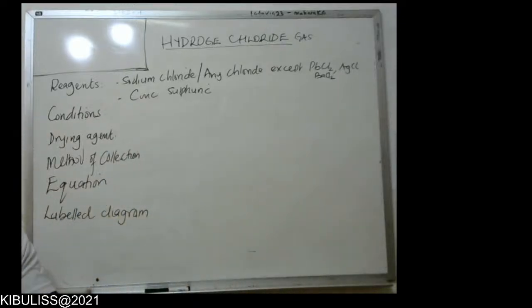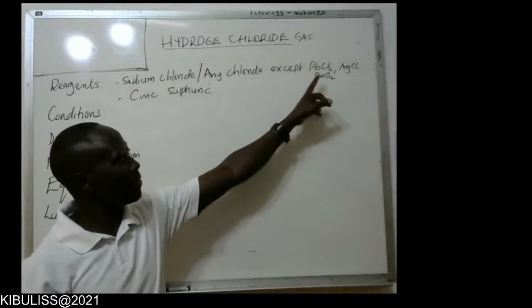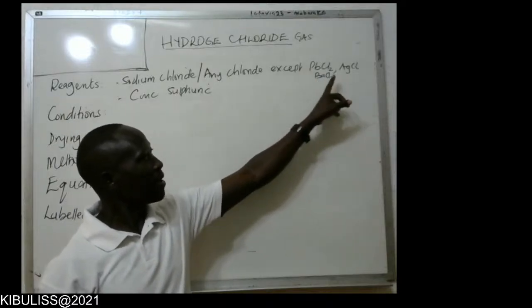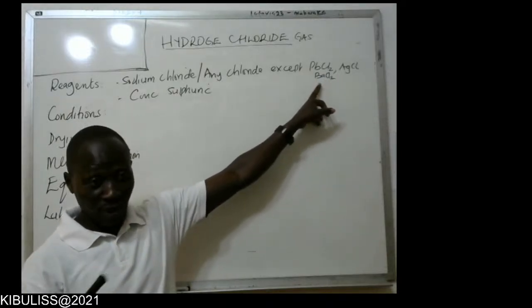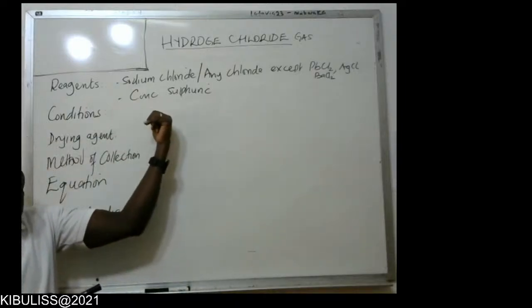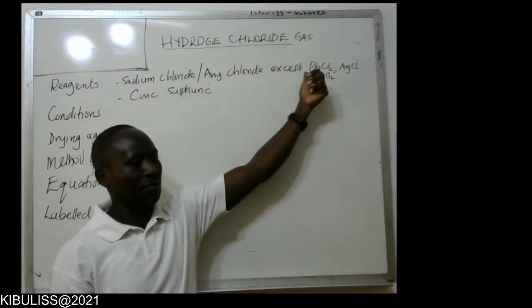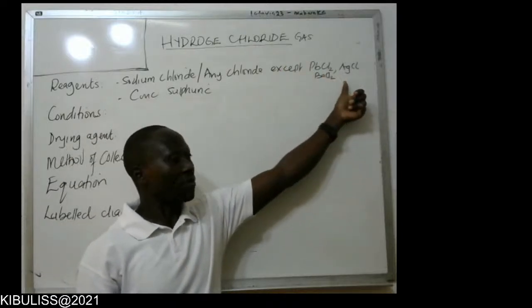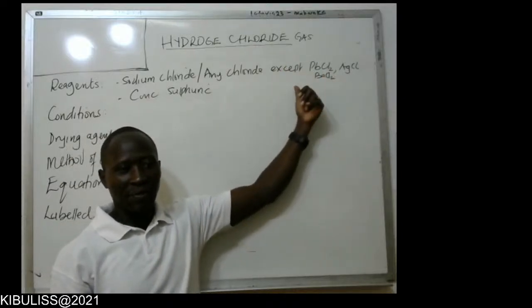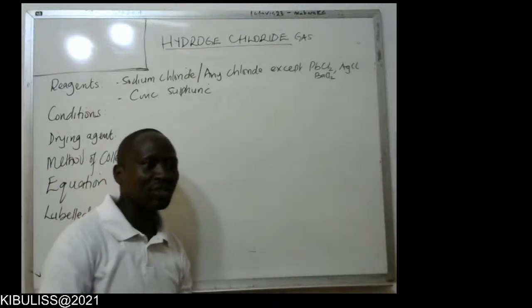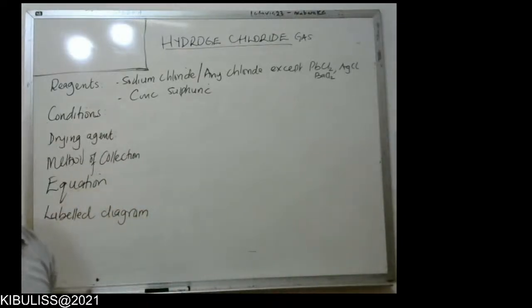Why don't you use these three chlorides: lead 2 chloride, silver chloride, and barium chloride? We don't use these three because of sulfuric acid. It ends up forming lead sulfate, silver sulfate, barium sulfate, and stops the reaction from further taking place. So you wait to see the gas, you don't collect the gas.